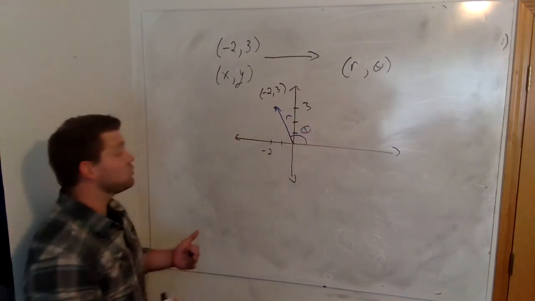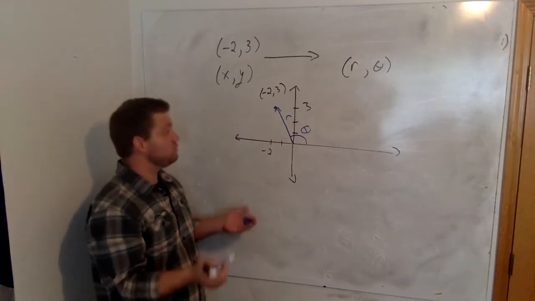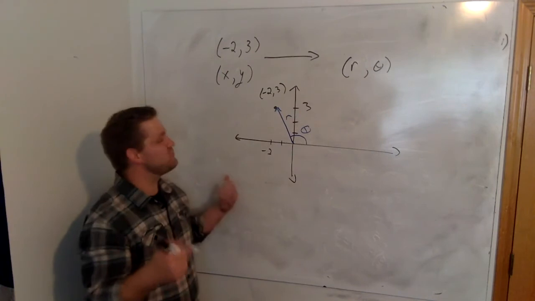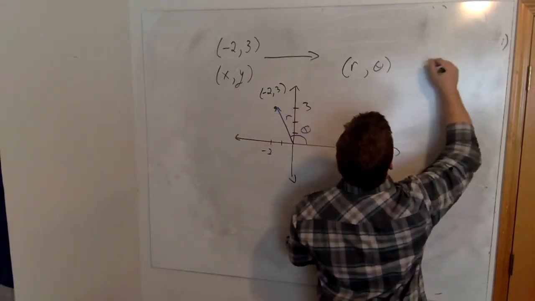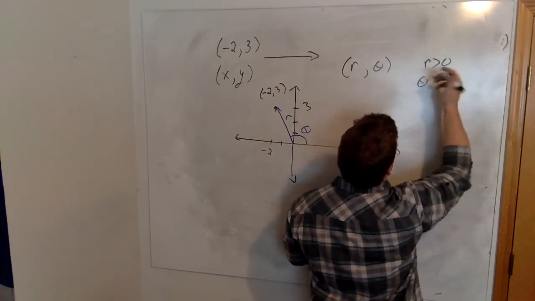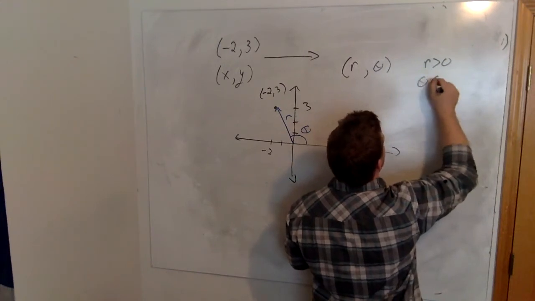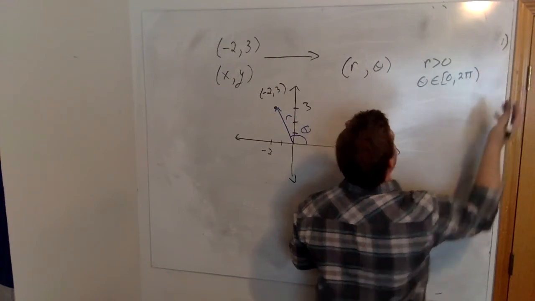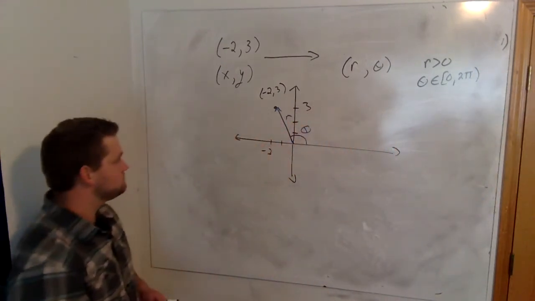Now, oftentimes when you're reporting something in polar coordinates, there's not a unique representation, which we just learned. However, we're going to be friendly when giving people directions, so we'll have the radius be positive, and if we're working in radians, we'll have the angle between 0 and 2 pi radians. If this was in degrees, it'd be between 0 and 360 degrees.